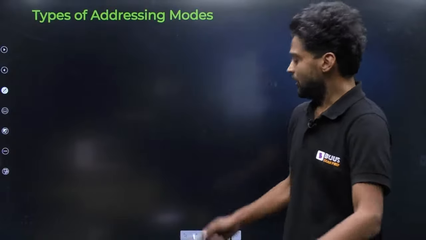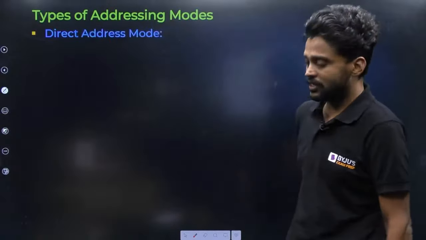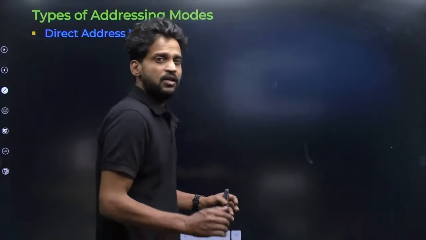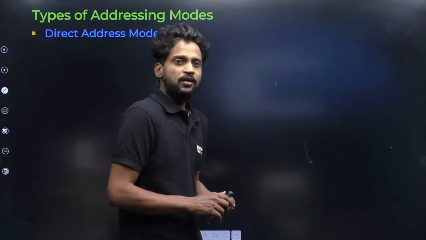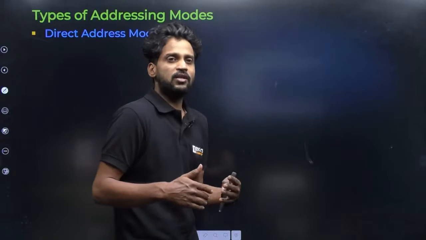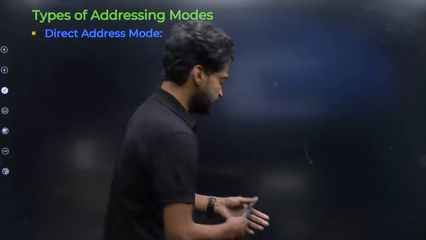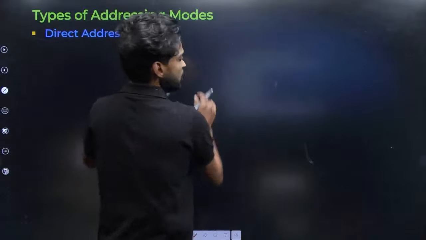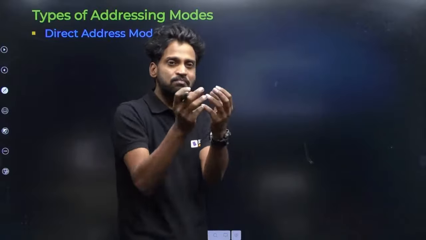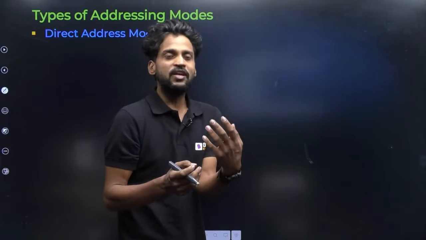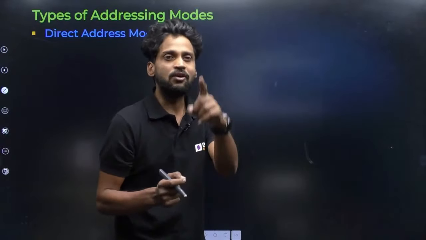Very good. Now, let us talk about the direct addressing mode. Even though we discussed the direct addressing mode yesterday, let me give you the idea one more time. Let us have an instruction. I am discussing these addressing modes from the perspective of a simple computer system in which we used single accumulator organization.